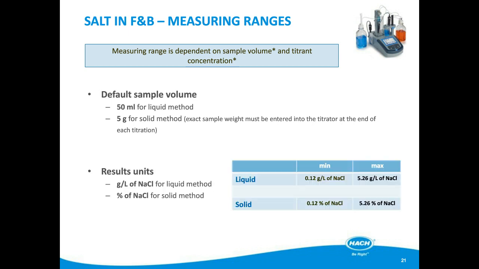If you look at the result ranges, the result will be expressed in gram per liter of NaCl or percentage of NaCl, and we cover the majority of needs for the majority of samples. But if you need to extend the range or have another range, it can be very easily changed in the settings if you want other units or other ranges.